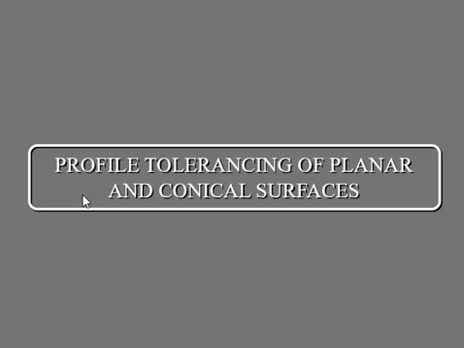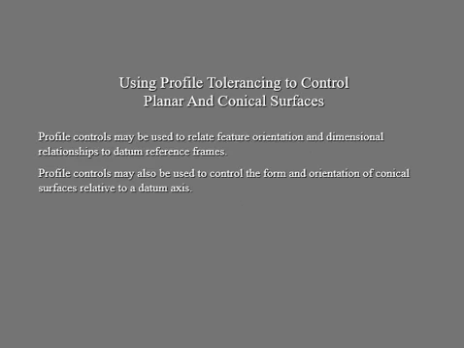So we'll go into profile tolerancing of planar and conical surfaces. Let's take a look at these surfaces. Your profile controls may be used to relate feature orientation and dimensional relationships to your dimensional reference frame. Your profile controls may also be used to control the form and orientation of conical surfaces.